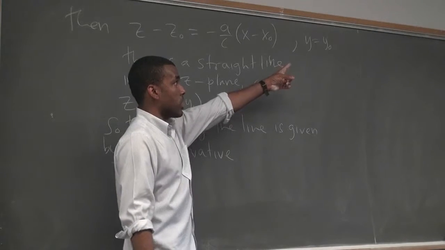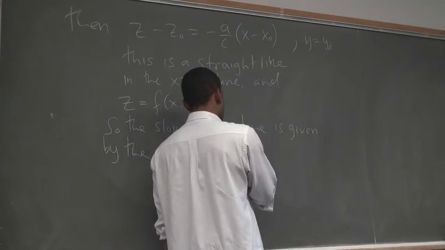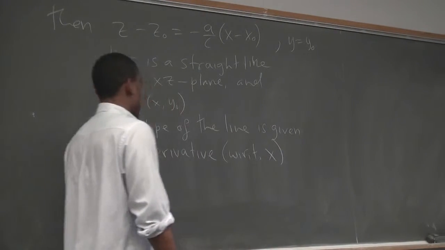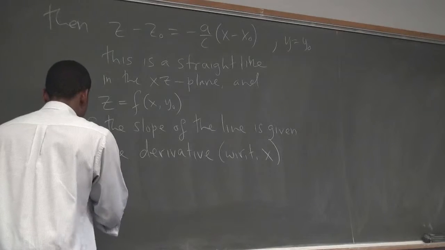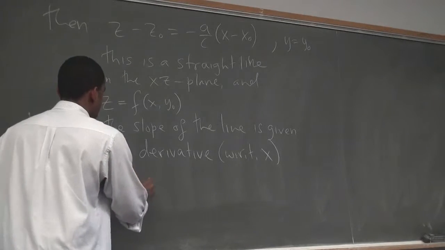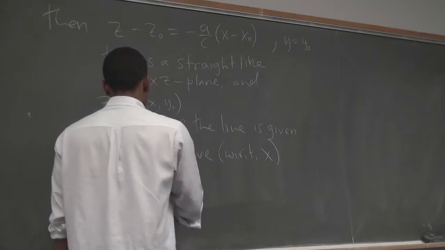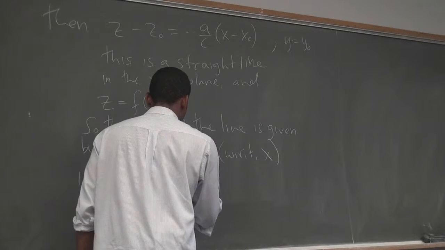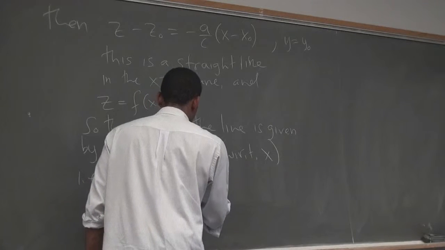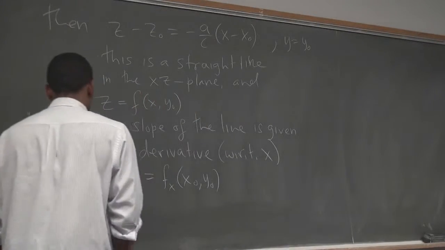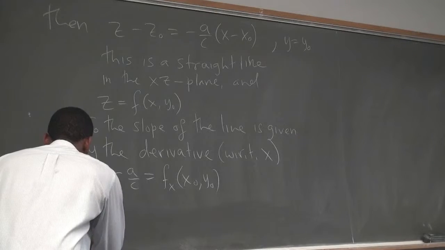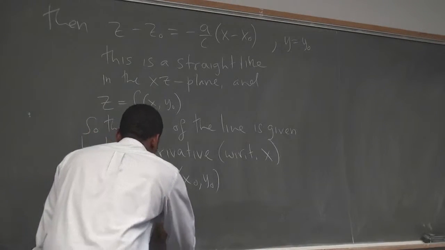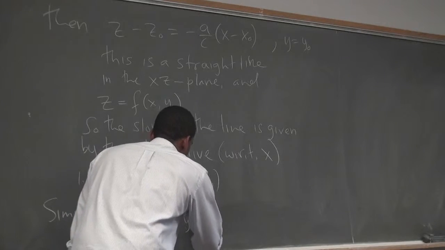And since it's fixed with a constant y, it must be the derivative with respect to x. I.e. your minus a over c has to be the partial of f with respect to x at the point. Similarly, minus b over c has to be the partial with respect to y at the point.